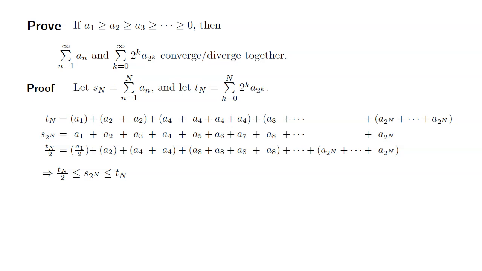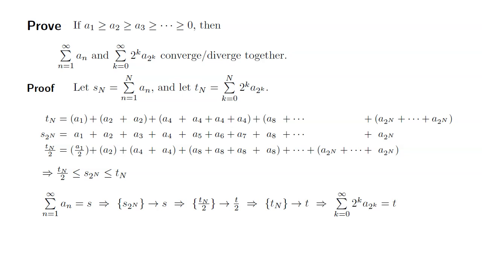Let's say the first series converges to S. Which means that the partial sum S sub 2^N is going to converge to the same finite number S. And since T sub N over 2 is even smaller, we know that T sub capital N over 2 converges to some finite number, let's say T over 2, which means that T sub capital N is going to converge to T. Then we know that the second series is going to converge to T, because it's the limit of the partial sums.